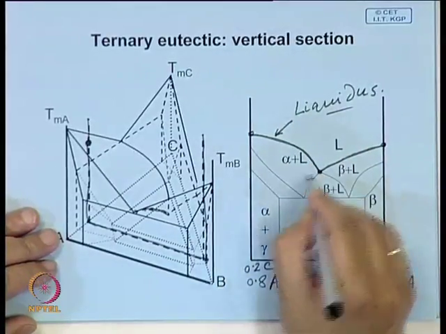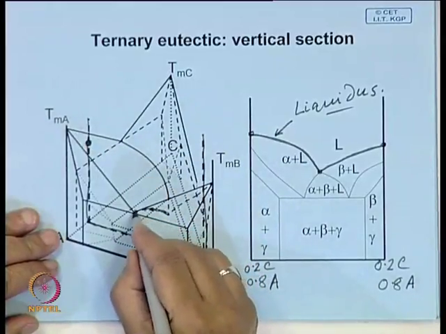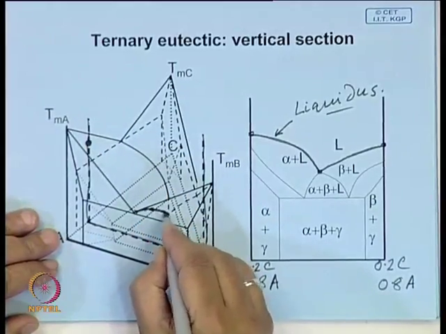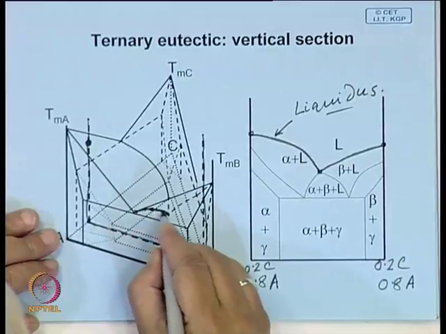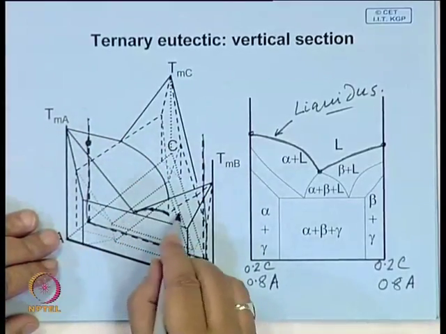So, this is the point where this vertical plane intersects the curve along which these two liquidus surfaces intersect.